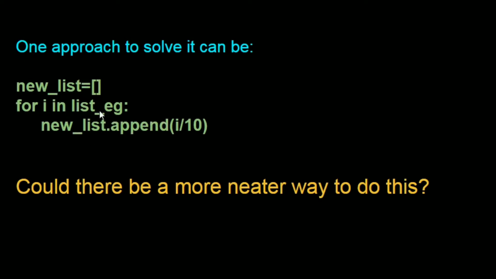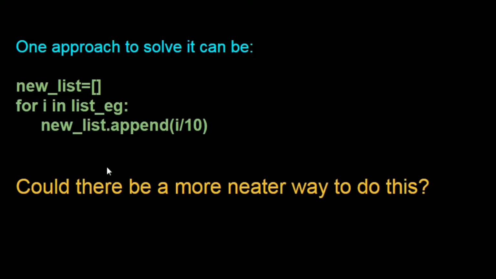You put it in a for loop, and then in the next line you keep appending it. I hope you all know what append is, since we saw a lot of it in the previous lecture. So this is the basic approach, something that we would all try out first.